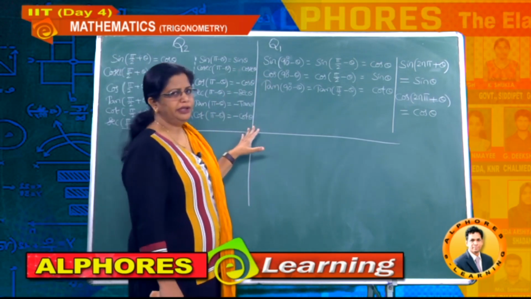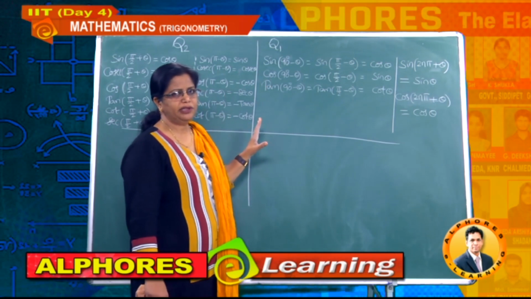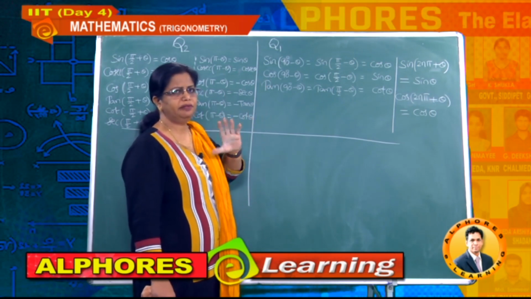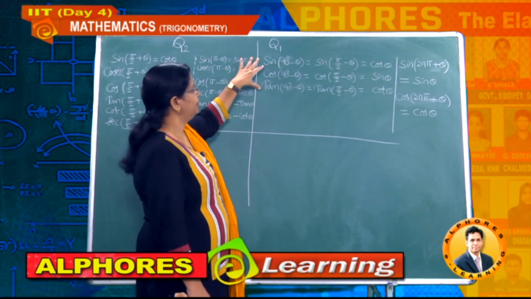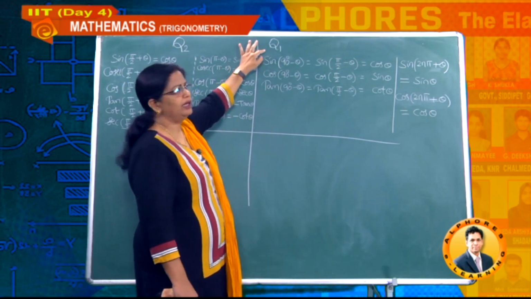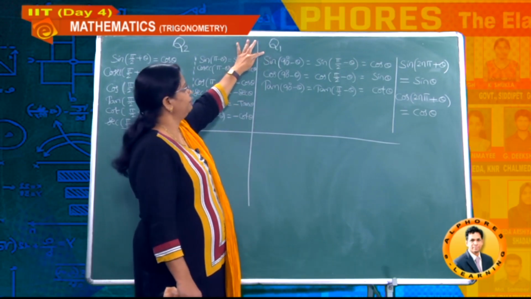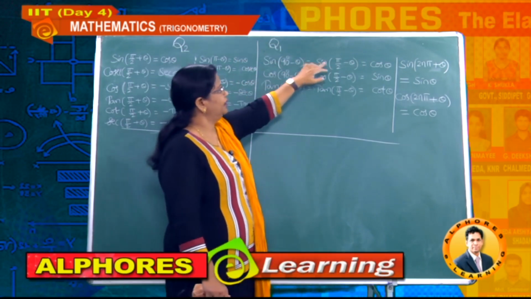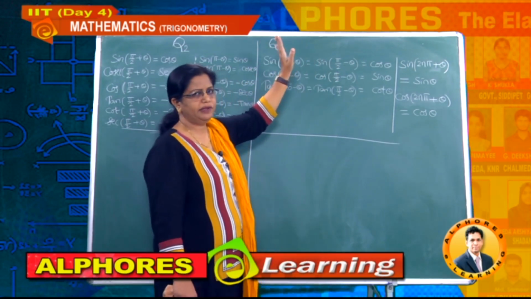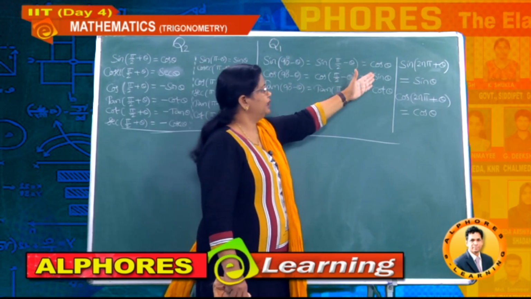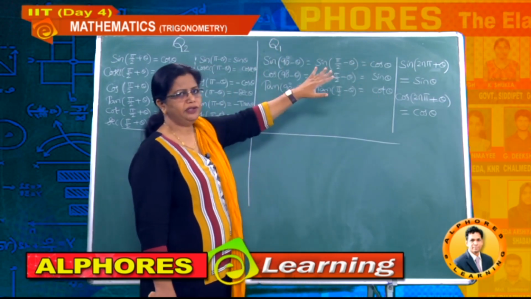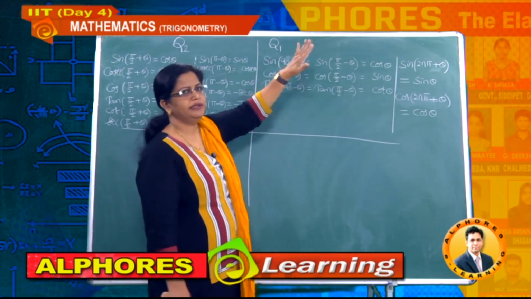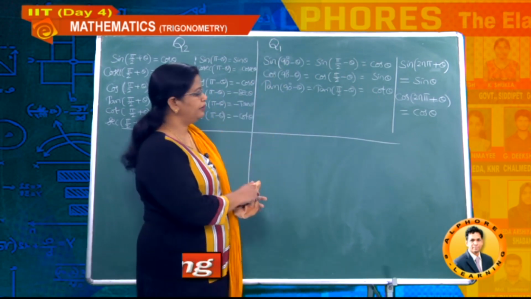In the beginning it seems to be a little bit illogical, later on you can understand very easily, no doubt in that. So don't worry about this. Let us have a glance at the first quadrant. In first quadrant sin 90 minus theta, 90 or it can be pi by 2, both are one and the same. Then this is cos theta, all values positive, the only change you observe here is the function is changing, that change you have to observe.